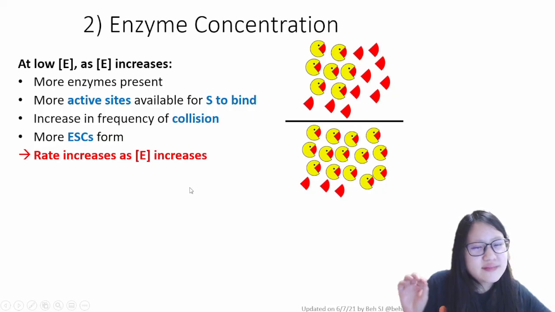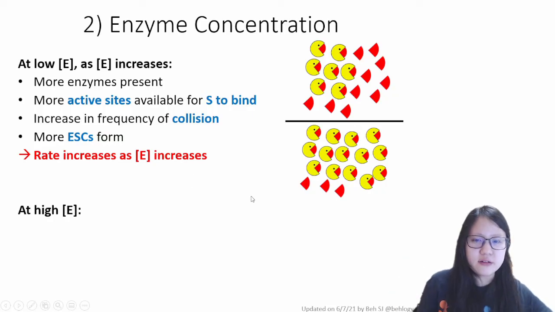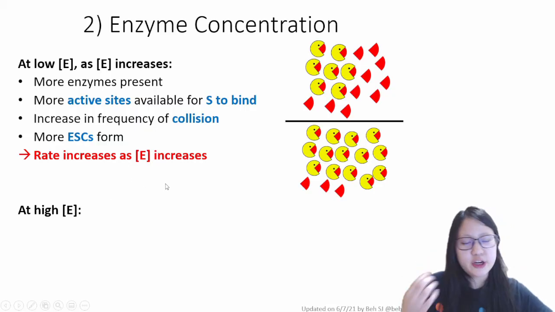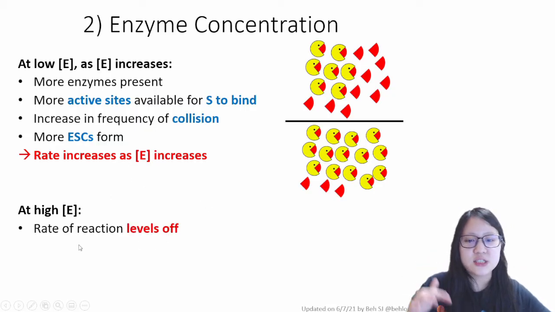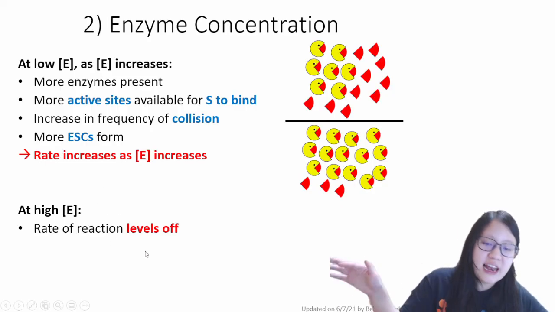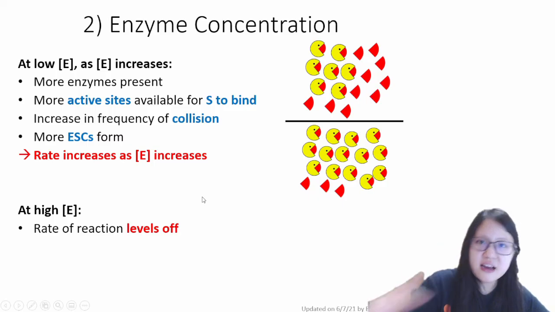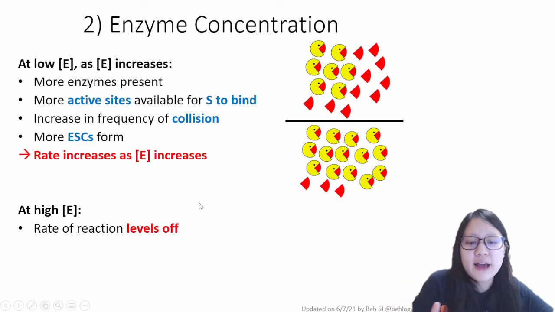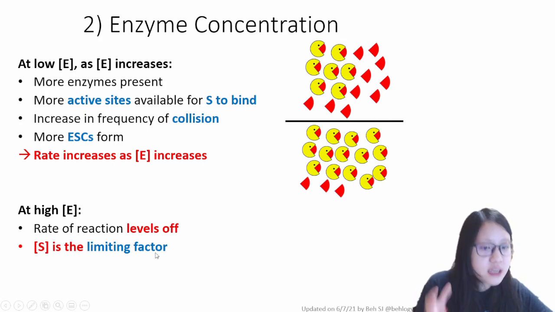Now, there is a but, right? Rate increases as enzyme concentration increases only until a certain point, because at high enzyme concentration, the rate of reaction levels off. It's very high, but it doesn't increase anymore. It just stays that high. Why? That's because substrate concentration becomes a limiting factor.